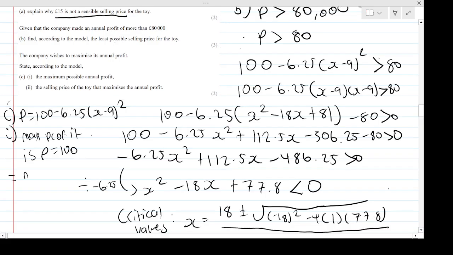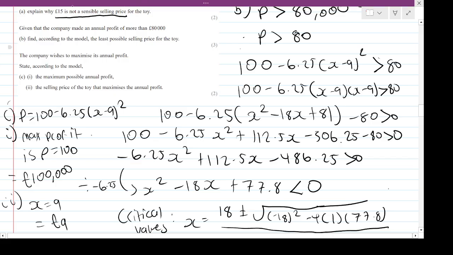So that's going to equal £100,000. And then the selling price that maximizes it. Well, what x value does that occur at? Again, if the bracket equals 0, x has to equal 9. So x is 9, which equals £9 because the selling price is in pounds. And there we are. That's our question then. Cool.